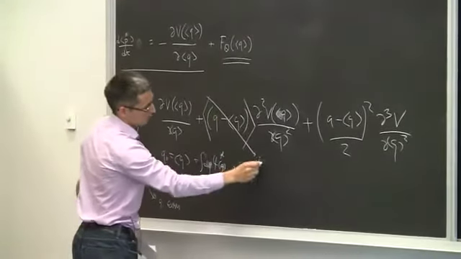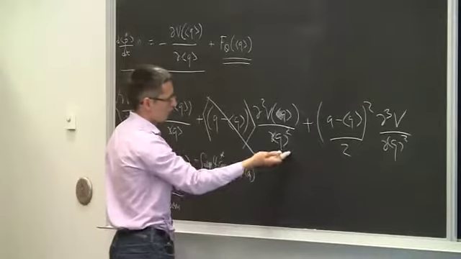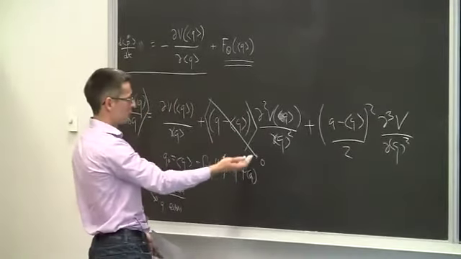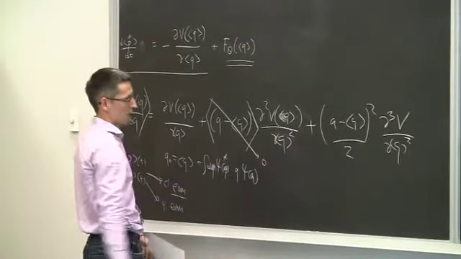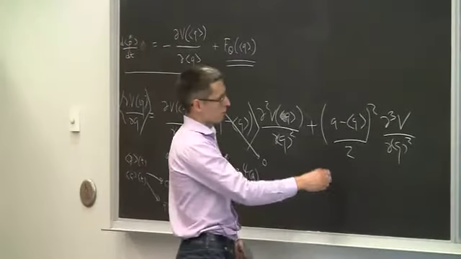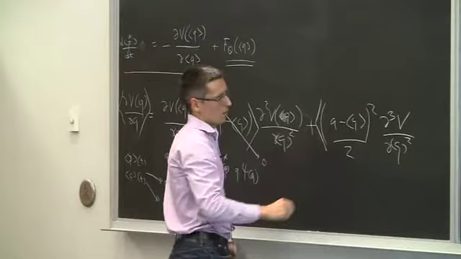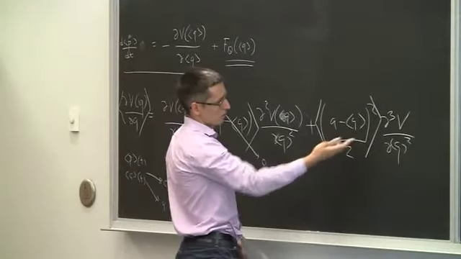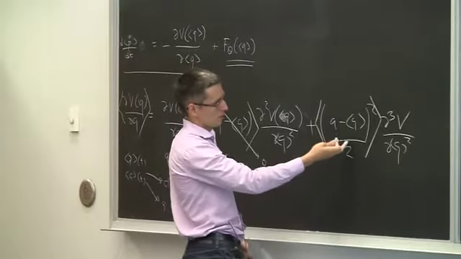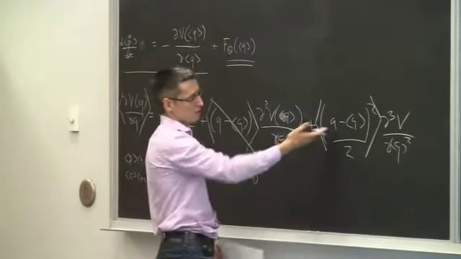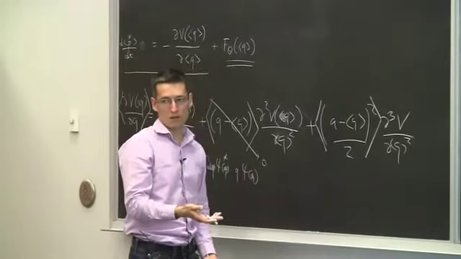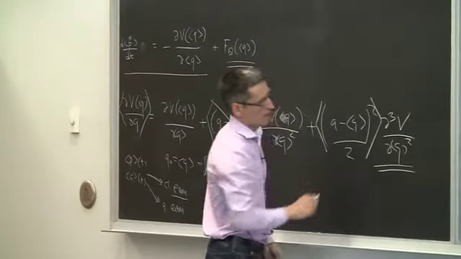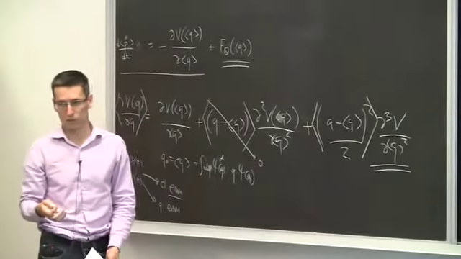So this will be 0, and this will be just a constant of some kind, a second derivative. But it doesn't matter because you already have multiplication by 0. The only non-trivial part will be coming from the averaging of this, which is a standard deviation of Q from the average Q. And it also has a multiplication by the third derivative of the potential.